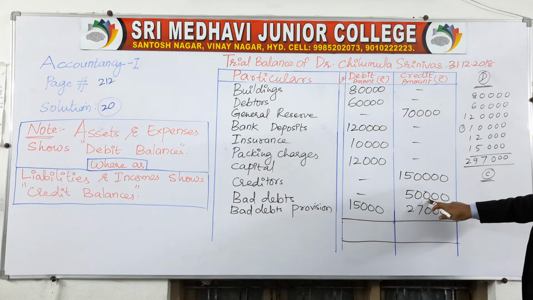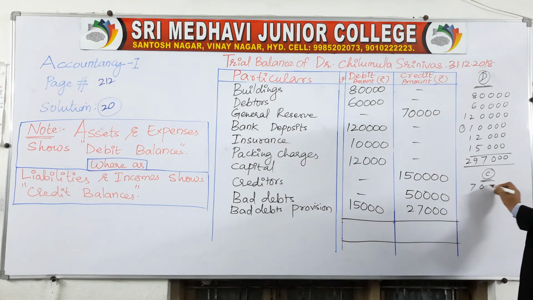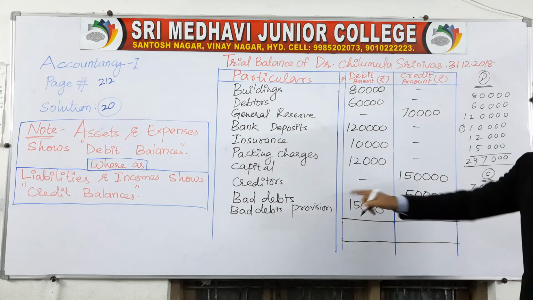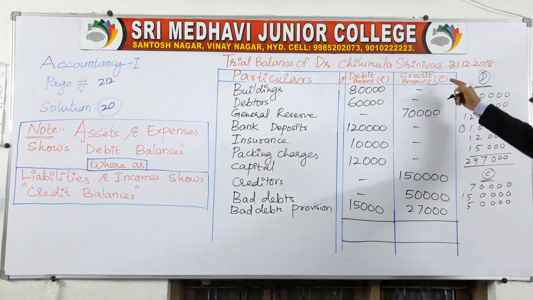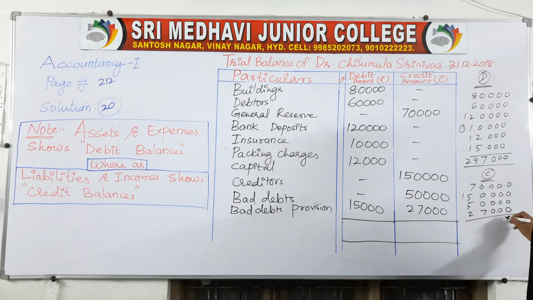1 lakh, 2 lakh, 2,70,000, 2,90,000, 2,97,000. Look here: 70,000, 1,50,000, 50,000, and bad debts provision shows credit balance. It's a liability, so you have to write in the credit column 27,000. 10, 17, 19, carry 1, 2,97,000.